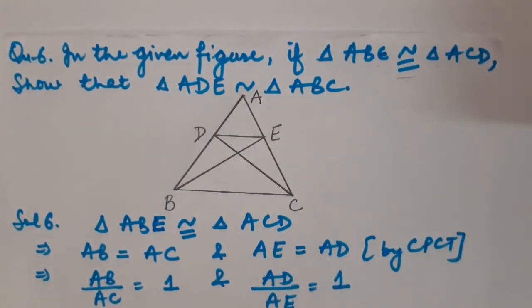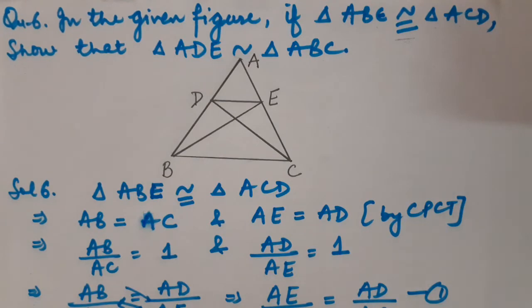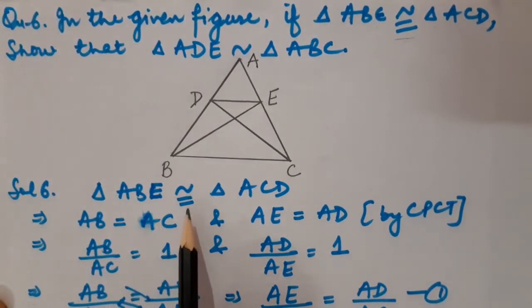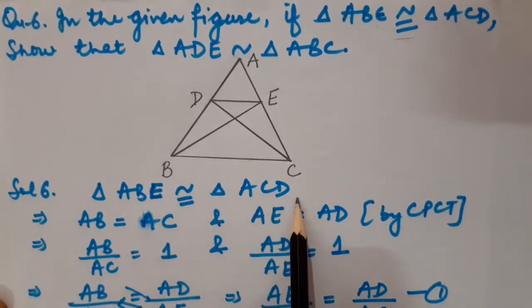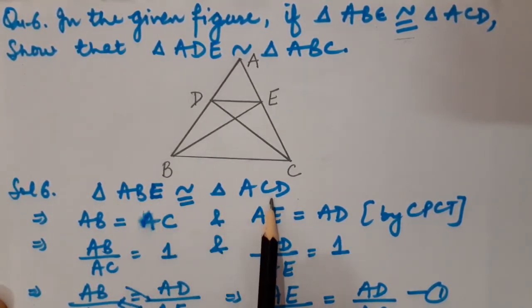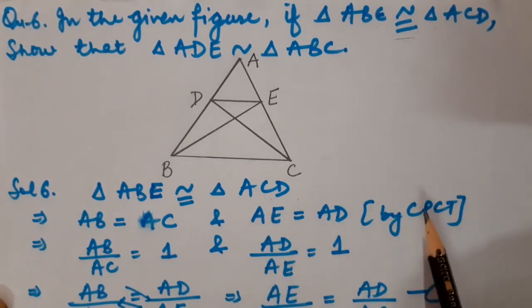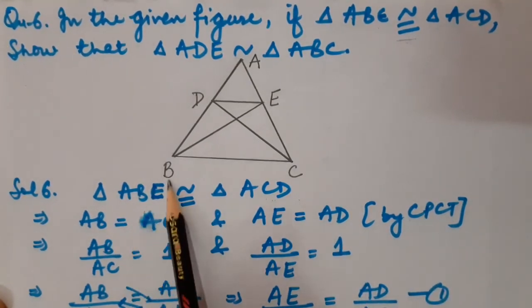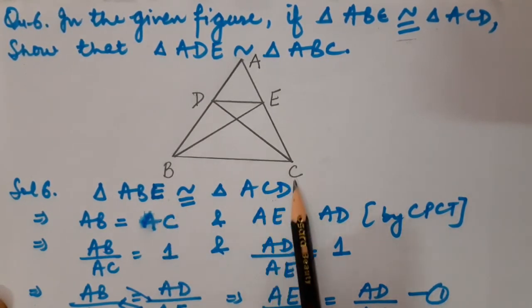Fine children? So let us start its solution. First of all, what has been given to us? We will be having triangle ABE congruent to triangle ACD. This is given to us. So children, as both the triangles are congruent to each other, so by CPCT, means by corresponding parts of congruent triangles, I can say that all the three sides of triangle ABE must be equal to the three sides of triangle ACD.